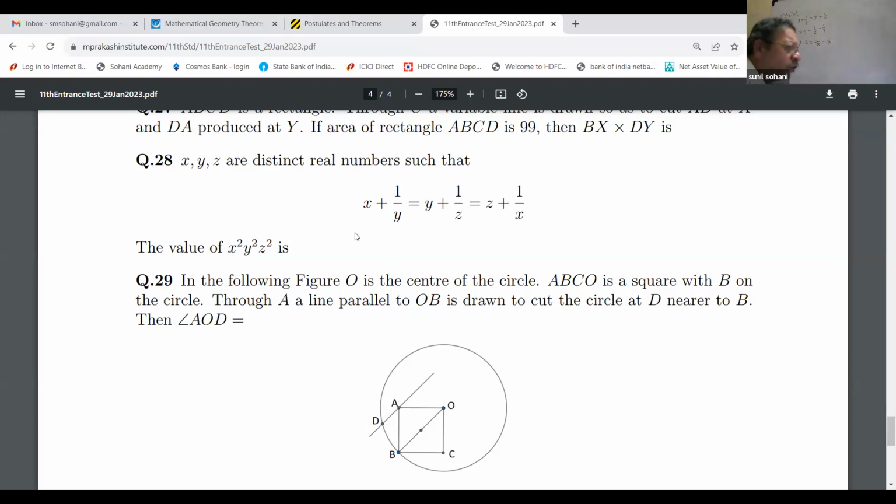And for the first and the last, x minus z is equal to 1 upon x minus 1 upon y. Okay.